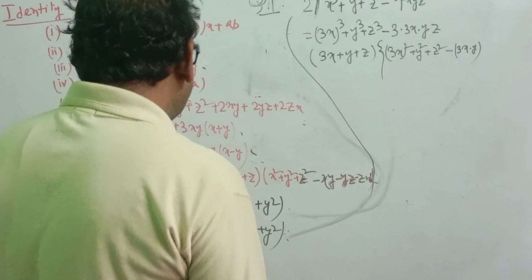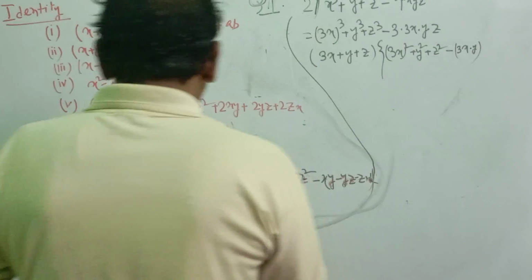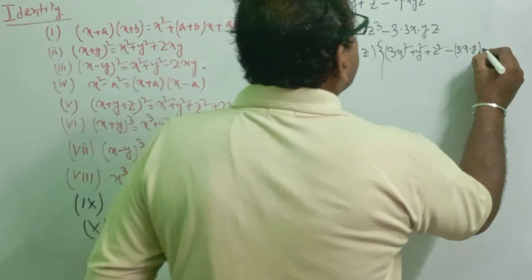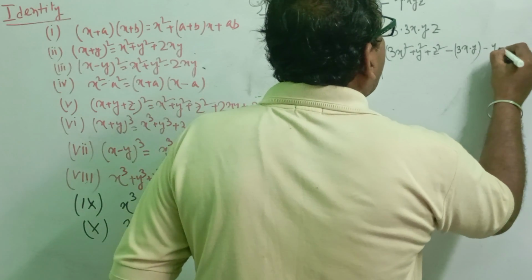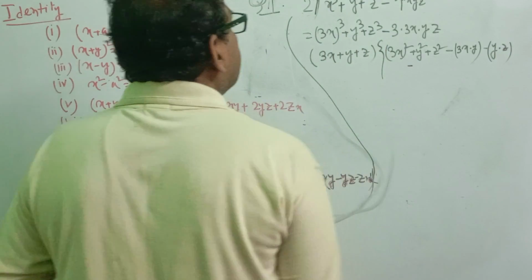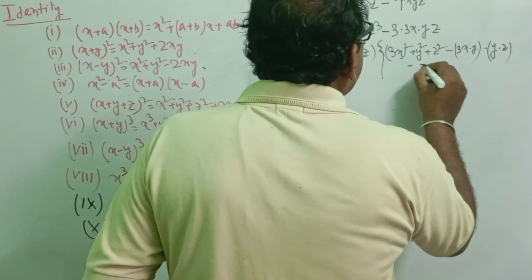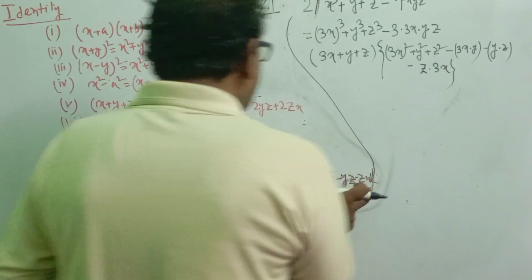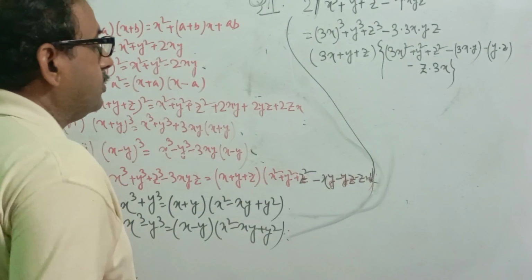Then yz. Then yz. Clear? What is y? Minus y into z. Then minus zx. That is z into 3x. Now this formula we have written.